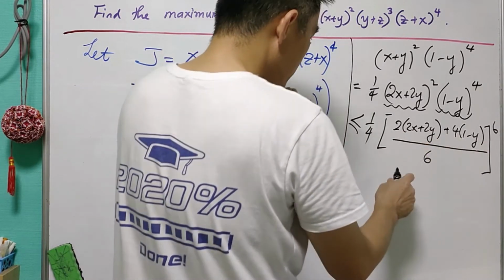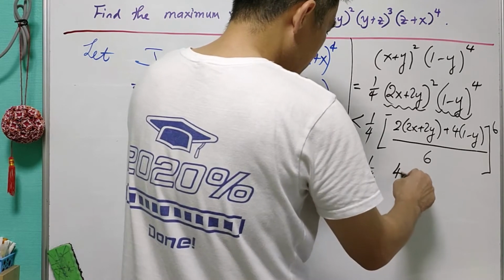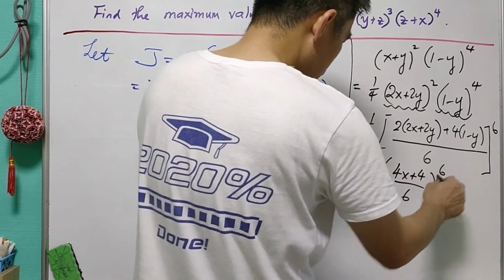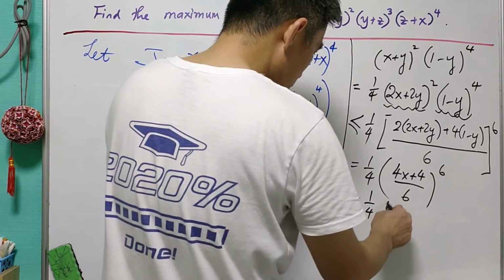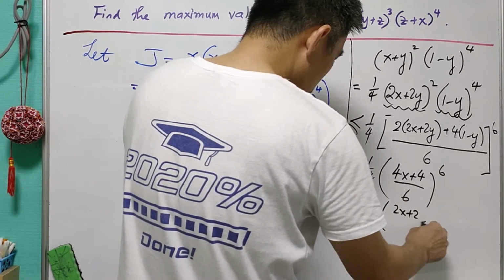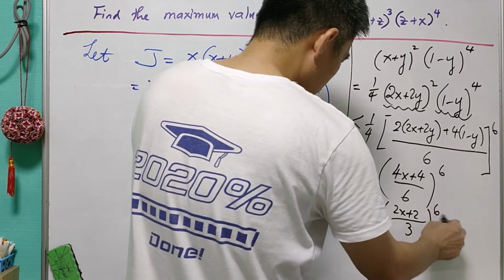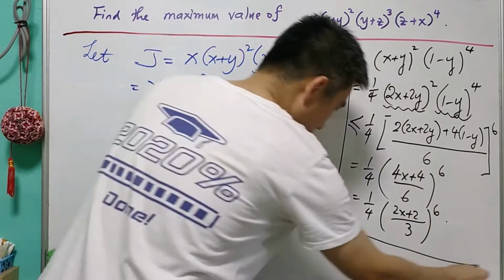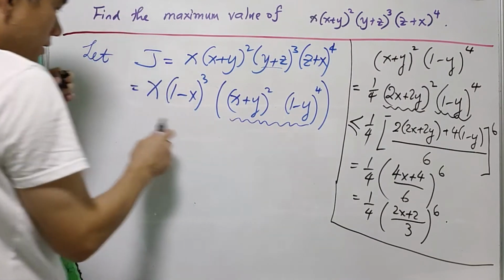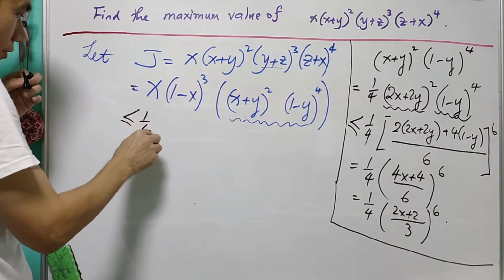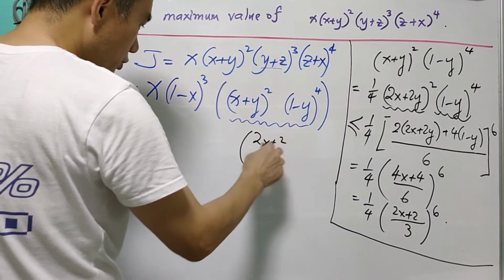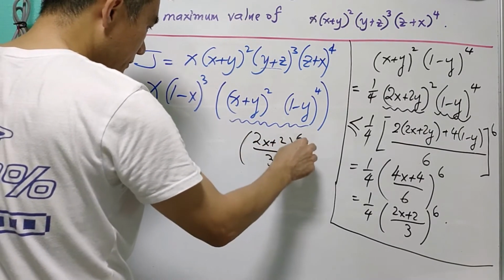And we have 4x plus 4 over 6 to the power of 6, and this is actually equal to 2x plus 2 over 3 to the power of 6. So from what we have here, this expression will be less than or equal to 1 over 4 times 2x plus 2 over 3 to the power of 6.